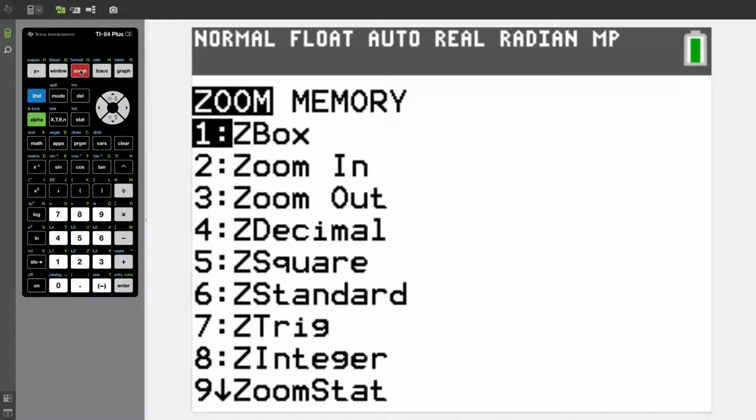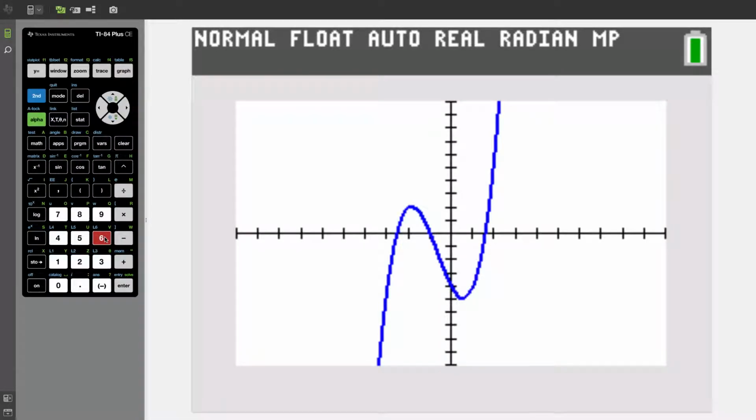You can read through, there are different ways to zoom. But if you want to recenter your graph, always do zoom 6. It's called standard. You can either just type 6 or scroll down to the 6, and we should all get a picture that looks similar to this. What the zoom standard does is it gives us x from negative 10 to 10 and y from negative 10 to 10. So it just puts us right back at the center of the graph.